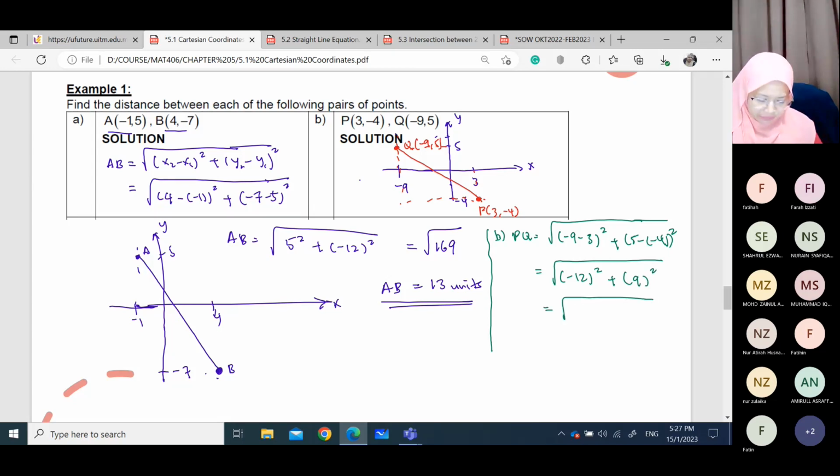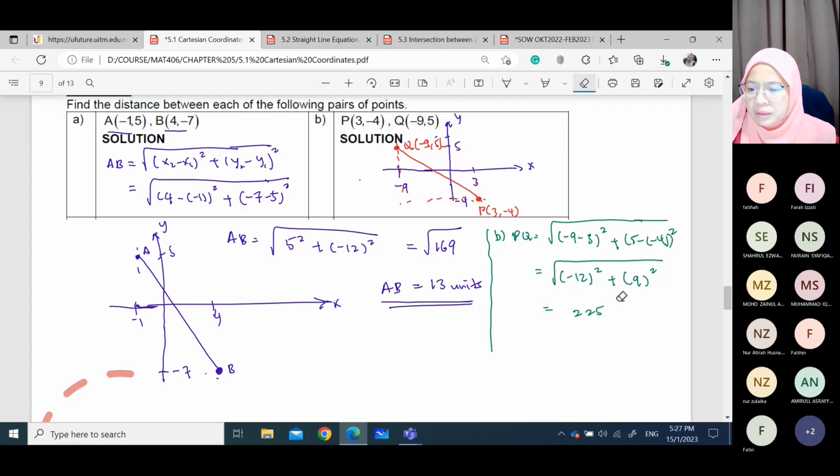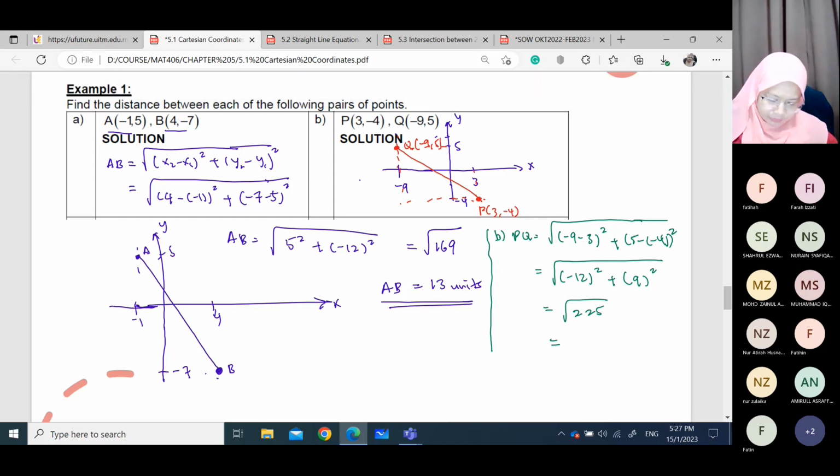So inside here we have -12 to the power of 2 plus 9 to the power of 2, so here we have 225. Okay, so square root of 225 is 15. So therefore PQ is 15 units. Okay, so this is the answer.